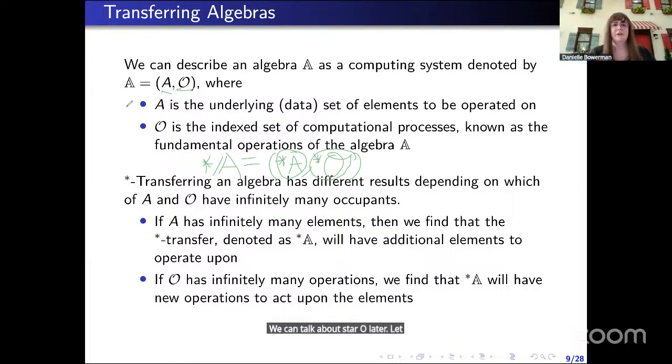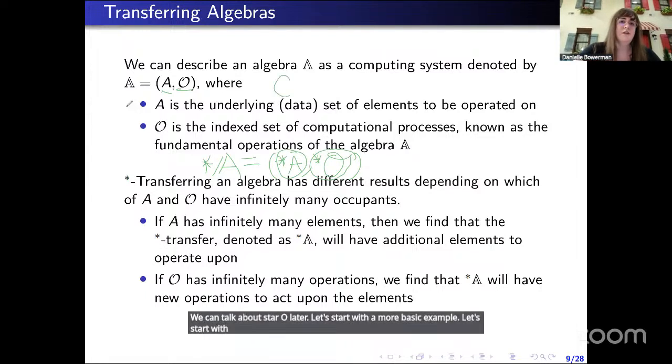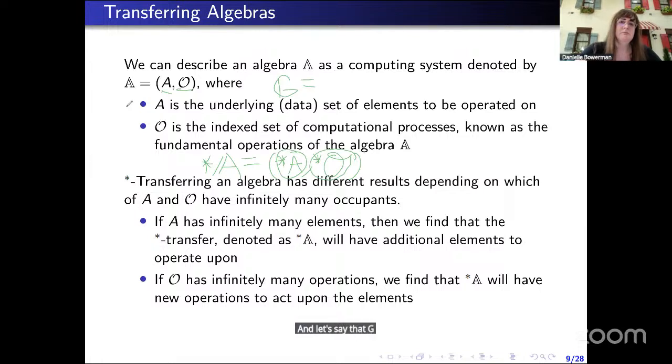Let's start with a more basic example. Let's start with some group G. And let's say that G is, let's do the additive group of integers. So we're going to have the underlying set be our integers.